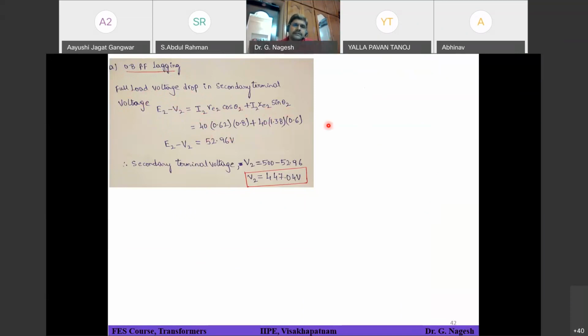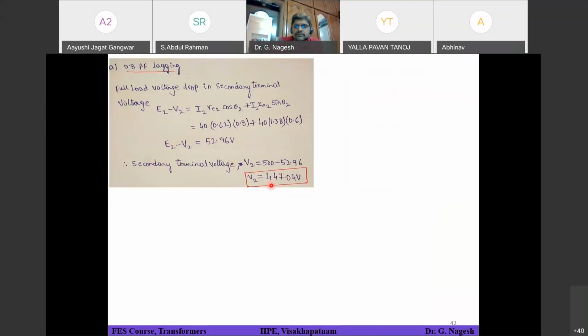You know all the terms in this. If you do that, you are going to get 52.96 volts. So the secondary terminal voltage, E2 you know is 500. V2 you bring to that side and take this one to the other side, so you get 500 minus 52.96.